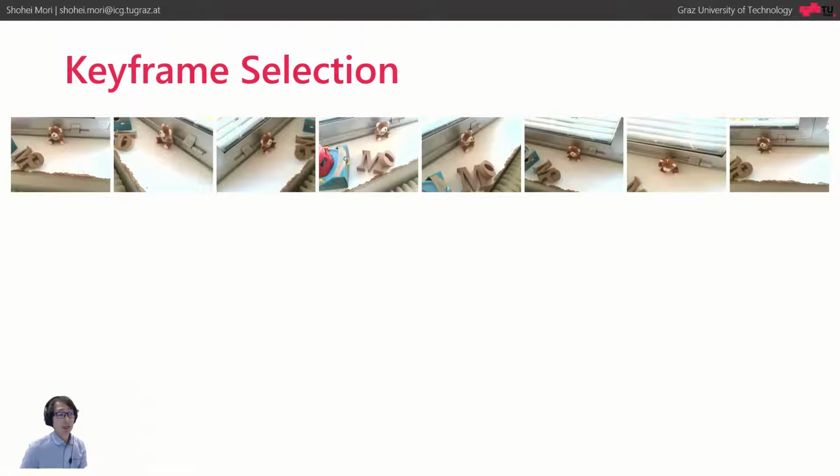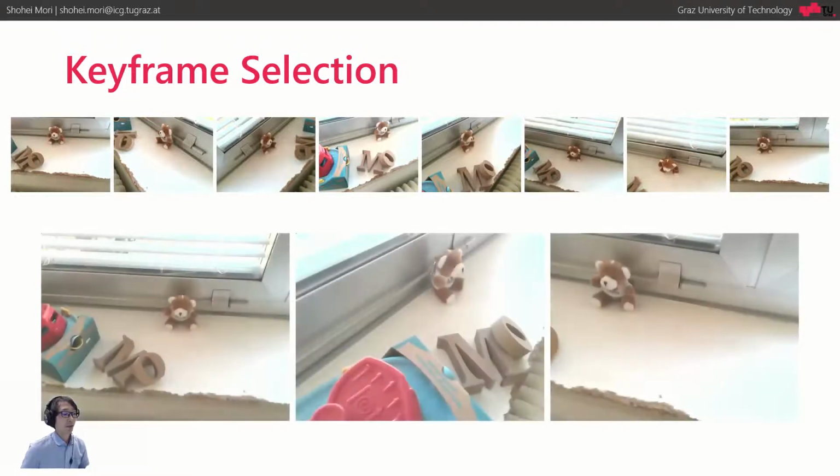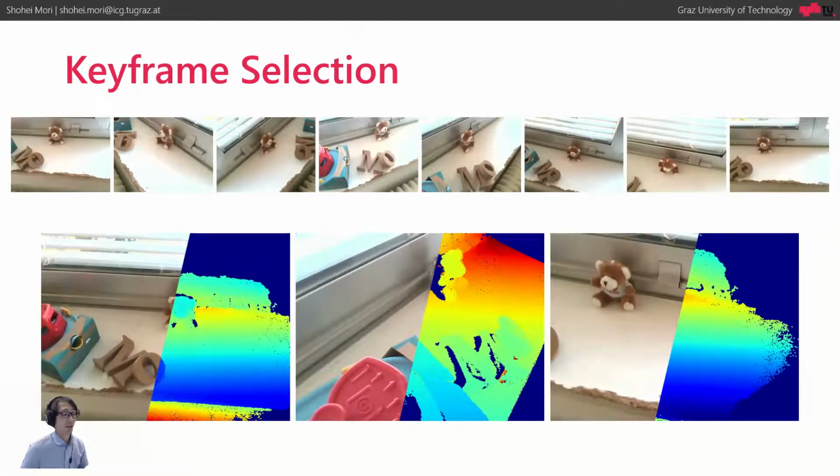Now we have multiple frames here, but can you tell which will inpaint the stuffed bear the best? Let's pick up 3 frames for brevity. In reality, the problem becomes a bit harder when it comes to a 3D scene inpainting. A system needs to inpaint both in color and depth domains.